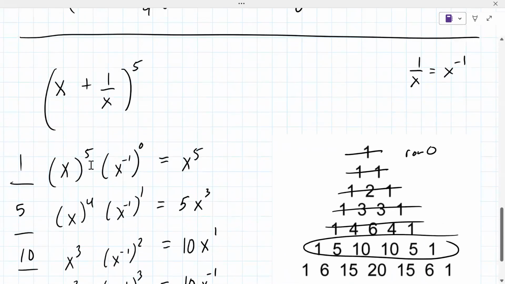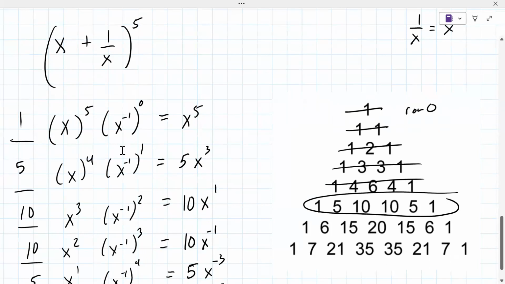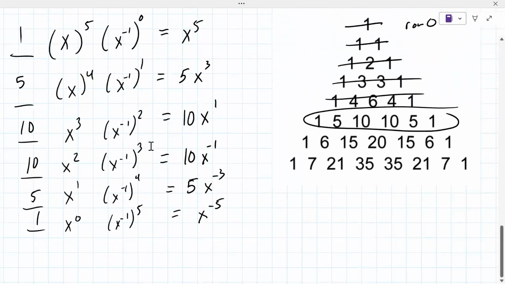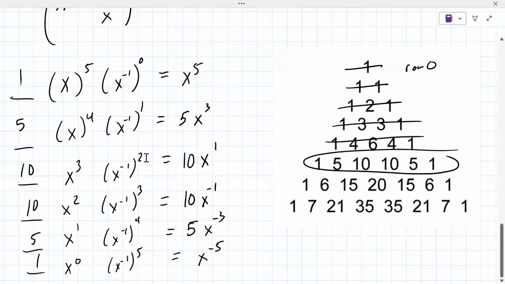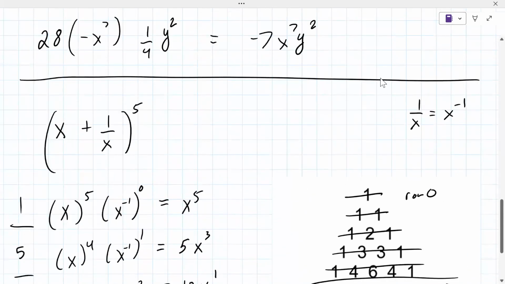Oh, okay, yeah, that makes sense. Yeah, I get it now. So you simplified the 1 over x to negative. Exactly, exactly.